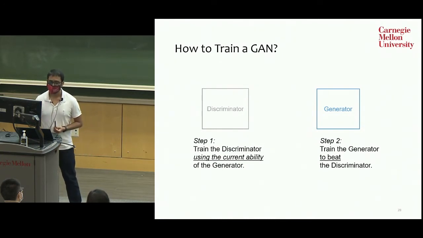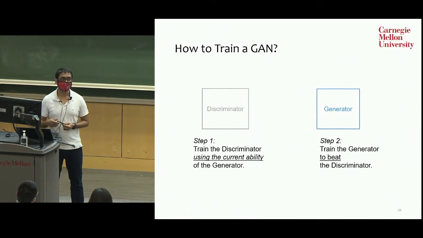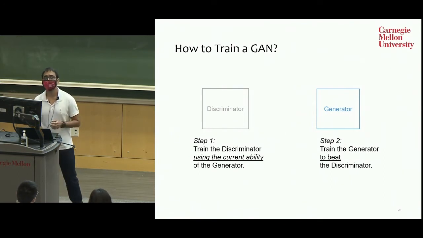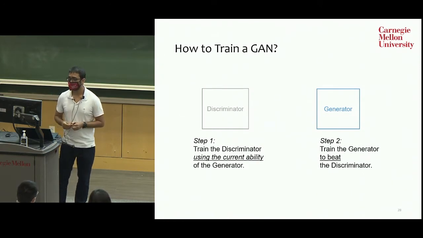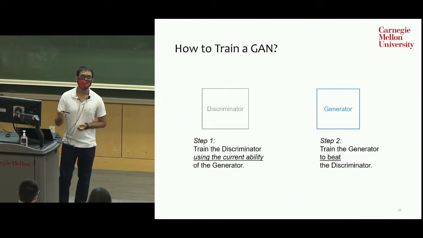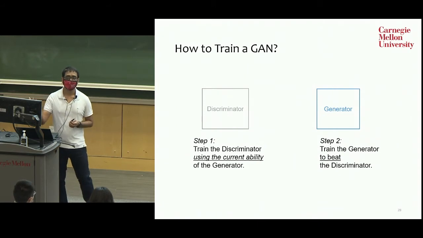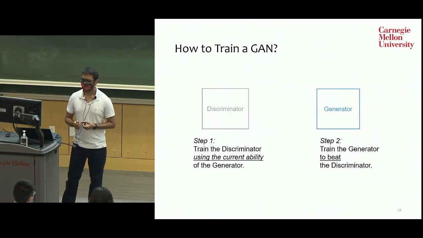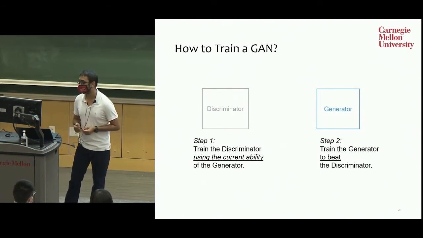So if the discriminator is not really good, then the generator is actually getting better and better. Once the generator learns the actual distribution, the discriminator tries to identify or classify whether it's a real image or a fake image, and then you get to a point where the generator can easily fool the discriminator.